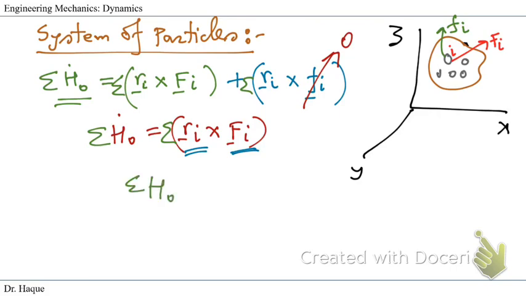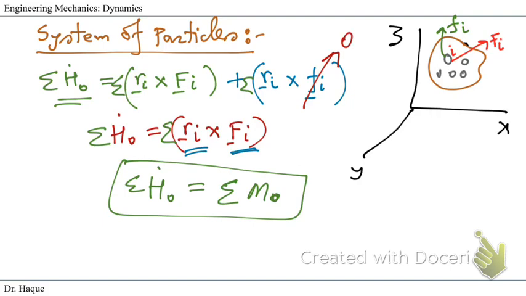So we can write H dot equals the summation of all the moments. This equation says that the sum of the moments about any point O of the external forces acting on a system of particles is equal to the time rate of change of the total angular momentum of the system about the same point O.